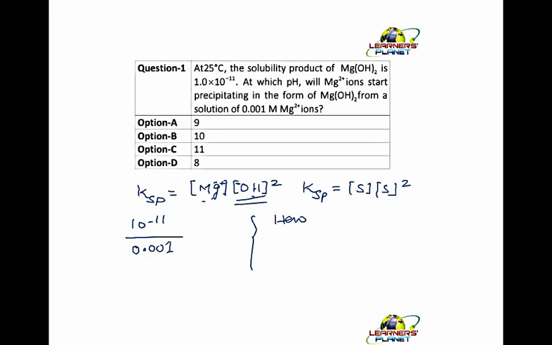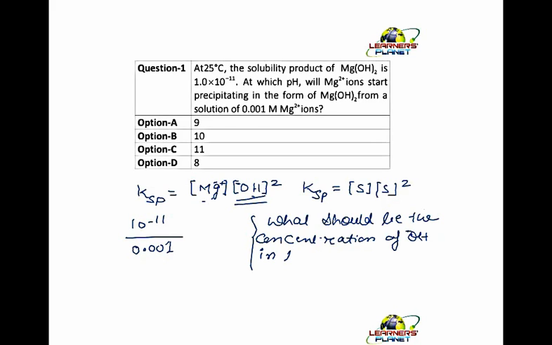Our question is how much of OH ions is required, or what should be the concentration of OH ions required in the solution to precipitate magnesium ions as magnesium hydroxide, right?